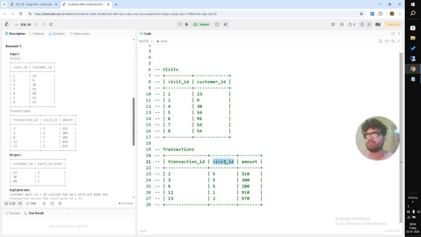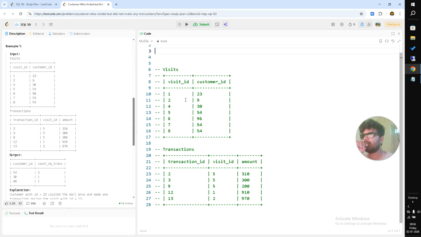After joining, we get the transactions and those not transacted. Okay, I got it. So we require those customer IDs who are not doing transactions.